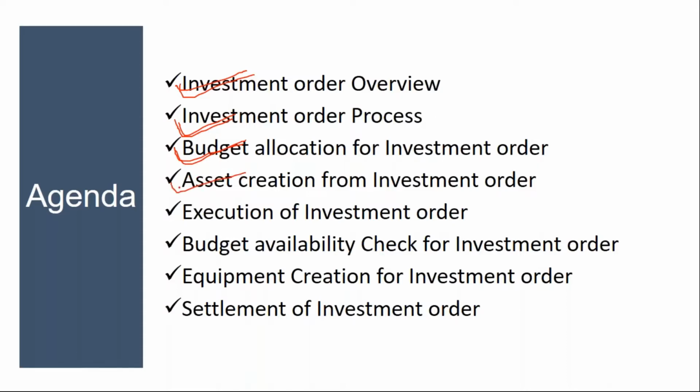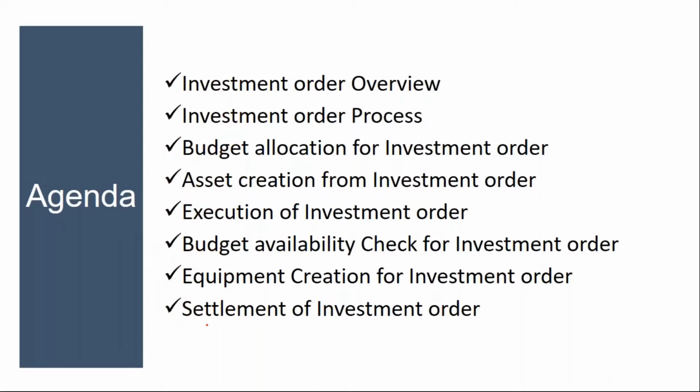Then how to create the asset from the investment order, we will see that. Then execution of the investment order. Then budget availability check for investment order. Then equipment creation, how the equipment is created for the investment order. And finally, the settlement. So these are the topics we'll be covering in the investment order process.